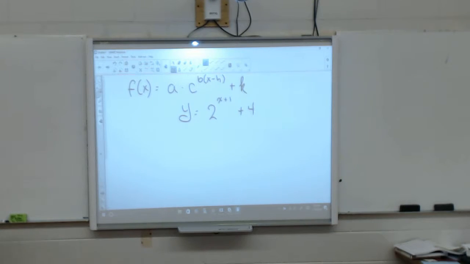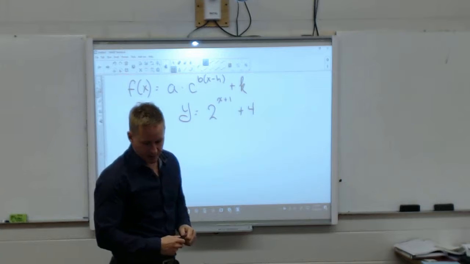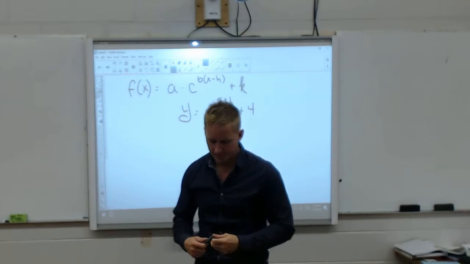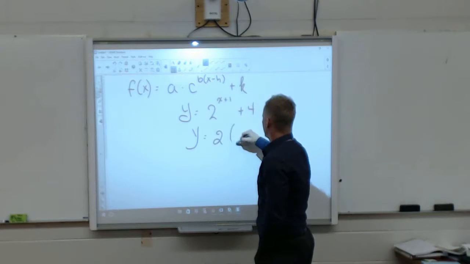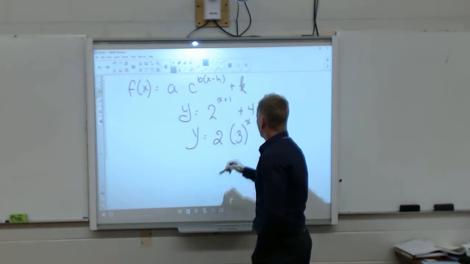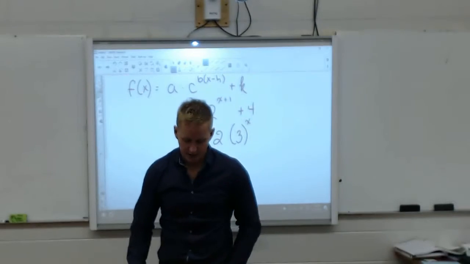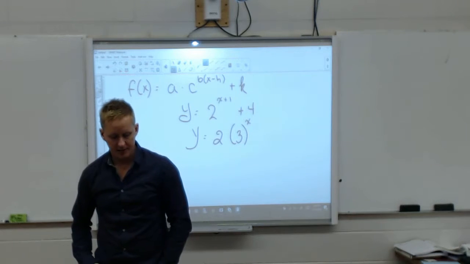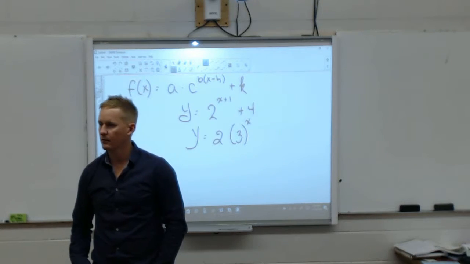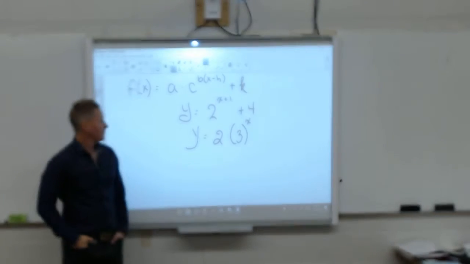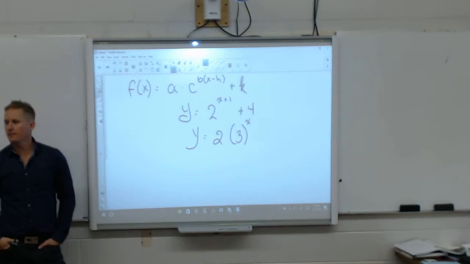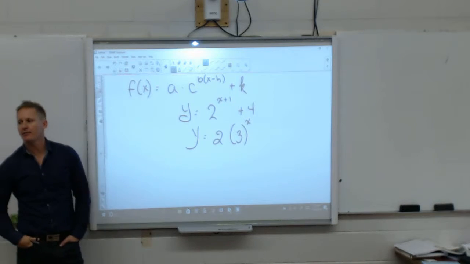Okay, so now take a look at page 241. So I've got y equals 2 times 3 to the x. What happens to the graph? Vertically stretch it by a factor of 2.